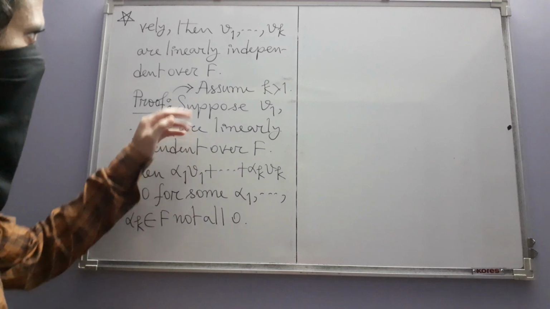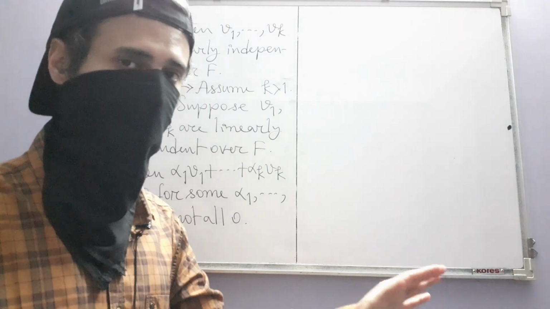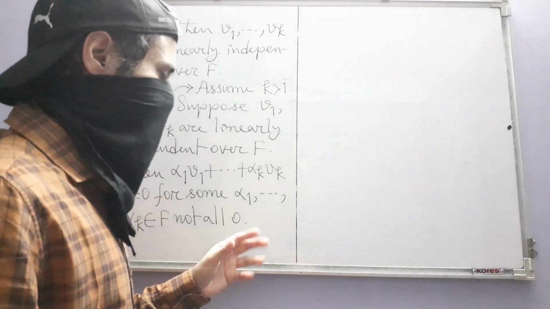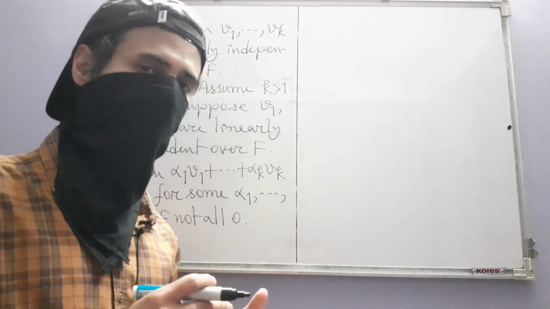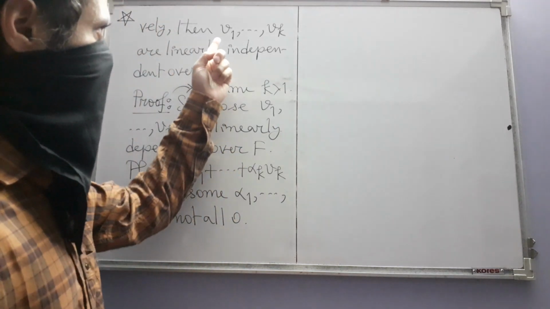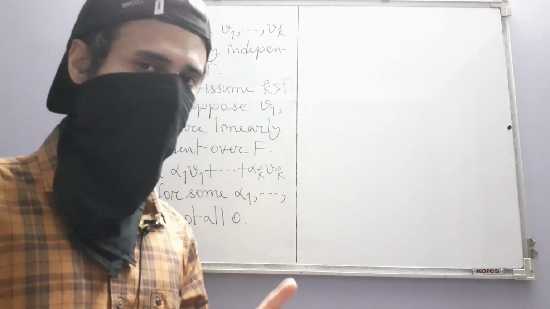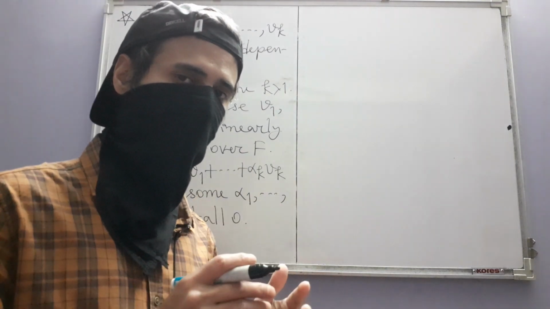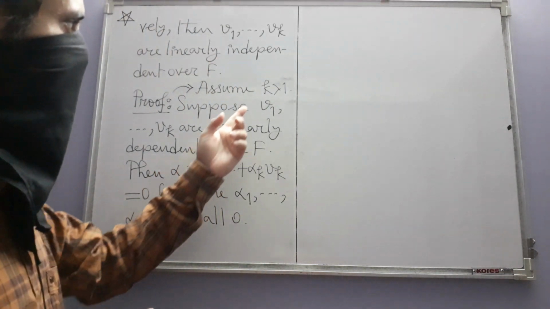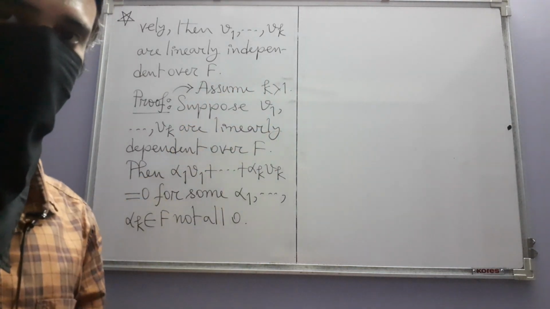If there is only one characteristic root to begin with, and only one characteristic vector, then that vector itself forms a linearly independent set. Why? That is because a characteristic vector by definition is non-zero, and a single non-zero vector in any vector space forms a singleton linearly independent set. That we already know. That is why the case k equal to 1 is trivial, and so we assume k to be greater than 1.